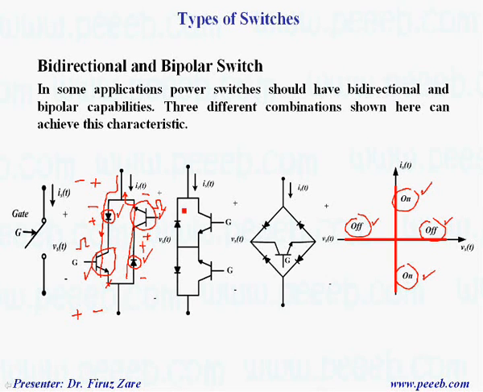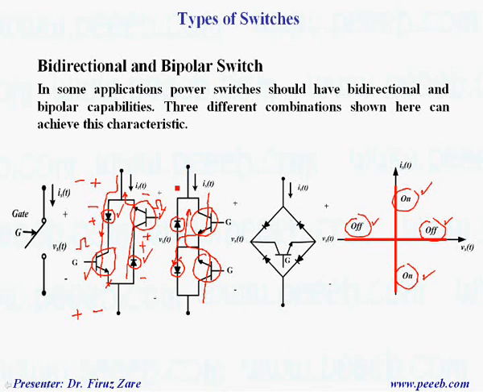Now let's consider this configuration, again two diodes and two switches. When we have positive current, the current can pass through this switch and through this diode. And if we have negative current, it can pass through this switch and this diode. That means again, this combination can handle positive current and negative current.